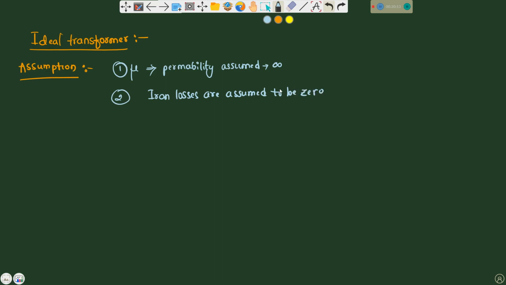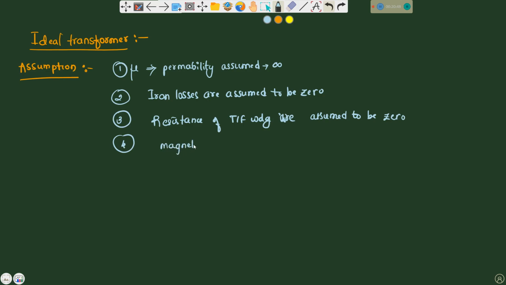Then we have resistance of transformer windings, also assumed to be 0. Then again we have magnetic leakage flux in the transformer completely 0.